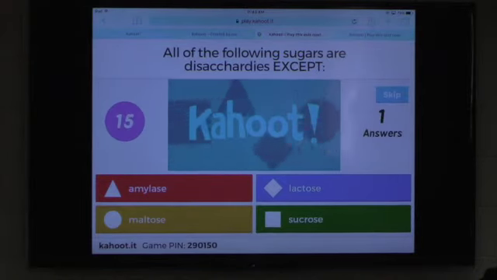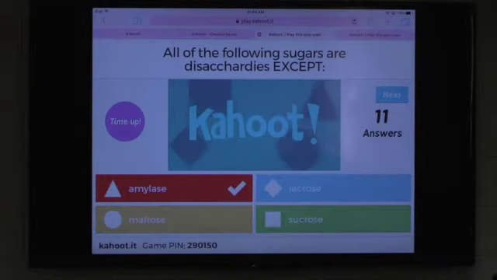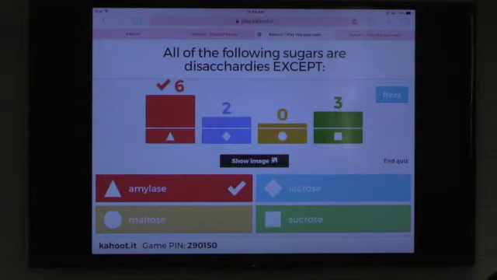First thing, we went over this. We went specifically over disaccharides and monosaccharides. Remember, amylose is very long, lots and lots of monosaccharides. All the others are just two monosaccharides together.